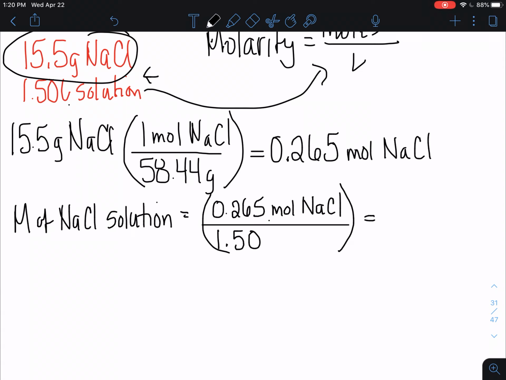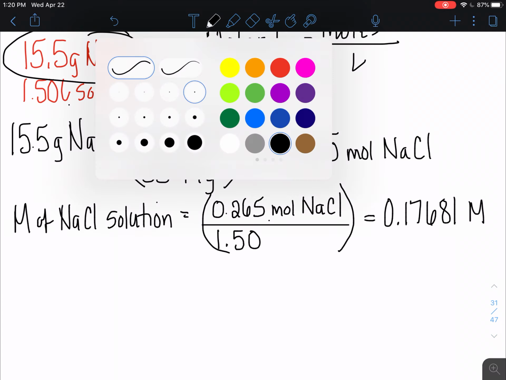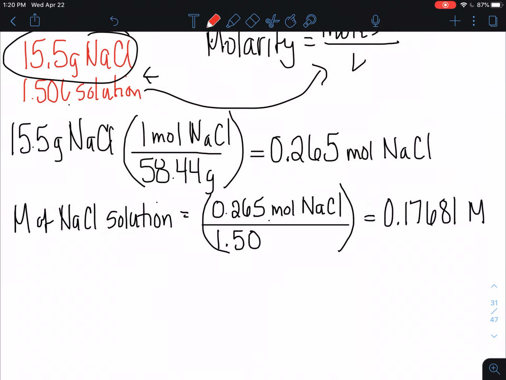That's going to give me 0.1781 M, and we're working with 3 sig figs, so we stop here. Because we're dropping the 8 and the 1, we have to round up, so it's going to be 0.177 molar. Okay?